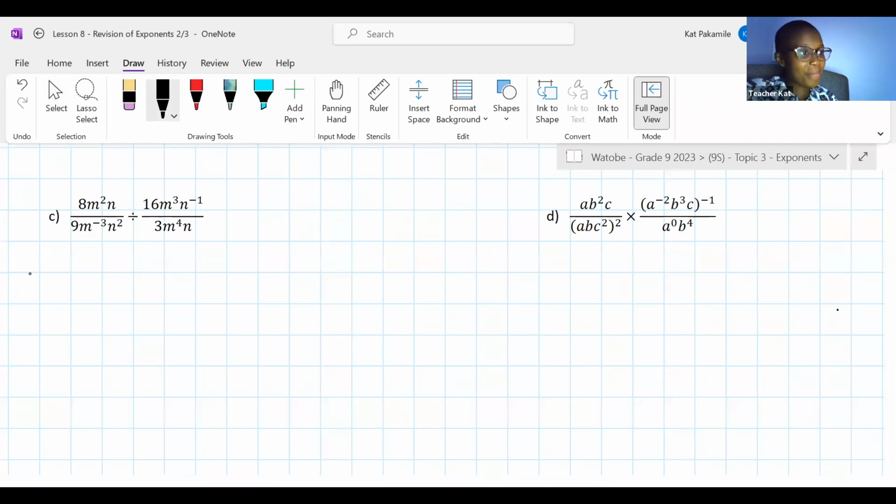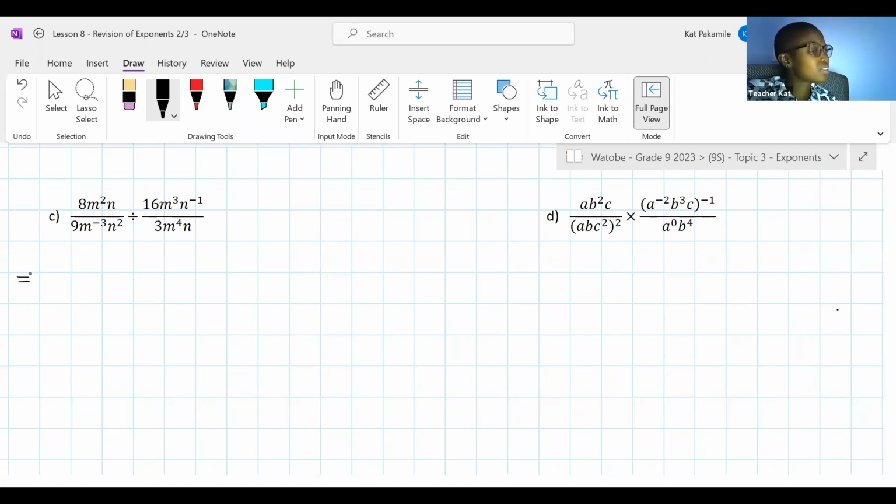So first step, you remove the parentheses. Yes, you remove them. You don't have to do them in the fraction formation. It takes time, so I remove them.